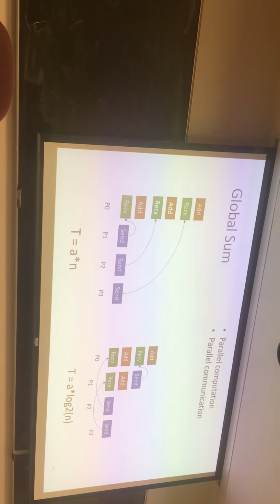So your left child is 2I plus 1, and your right child is 2I plus 2. So that's kind of how we do this, right? Find your partner. The partner is the child of who you're sending your stuff to. So it'd be your parent. So your parent is the floor of something. That's what I was trying to work out. Let me just find it. Try to find the parent.